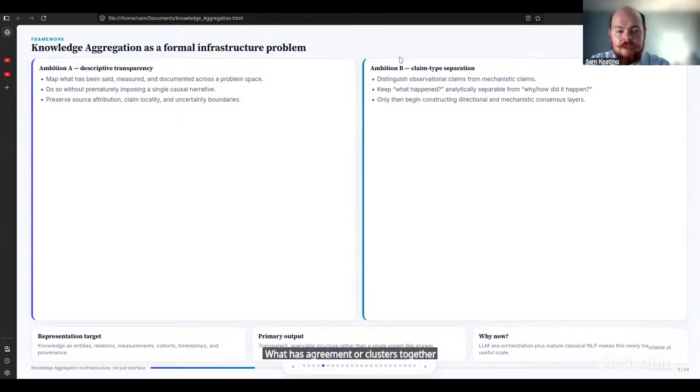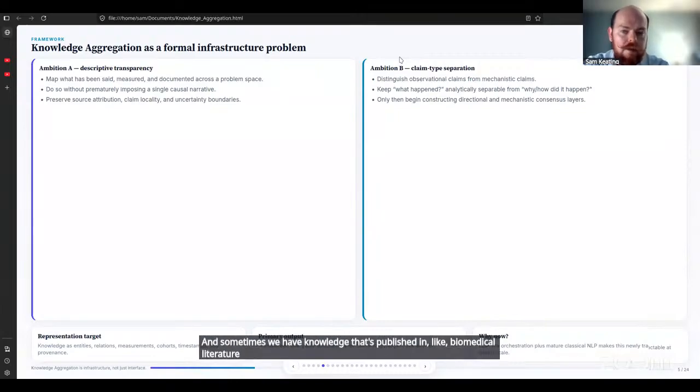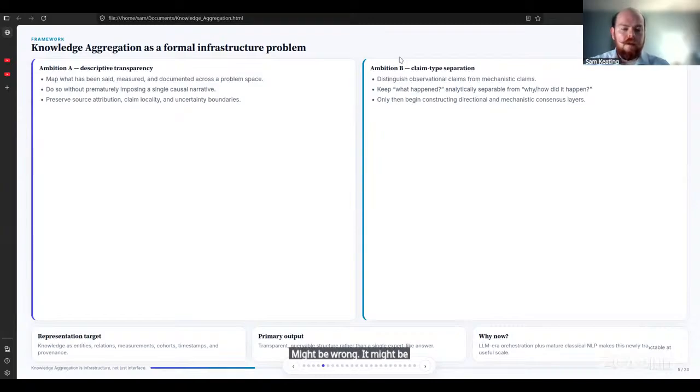And sometimes we have knowledge that's published in biomedical literature that might be wrong. It might be placing into biological context without comprehending fully what's going on. But ultimately, there's room to question and reevaluate if we can be transparent enough with the data sharing.